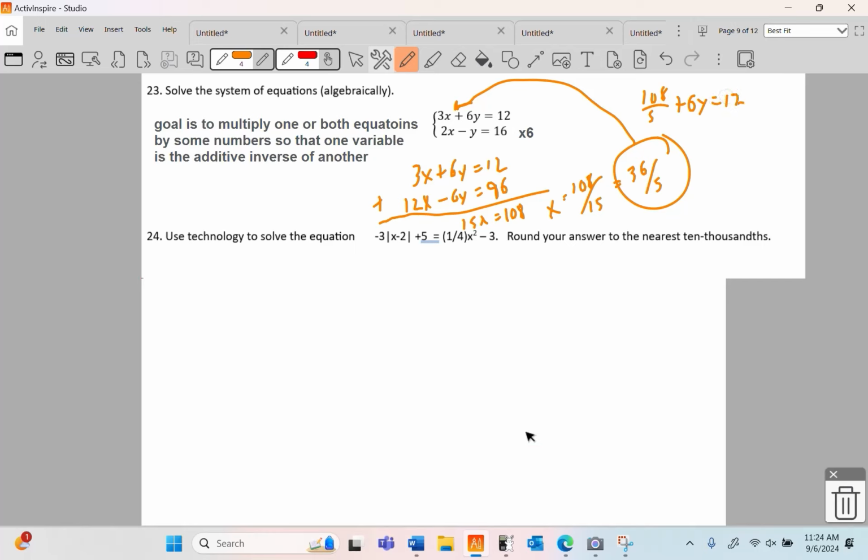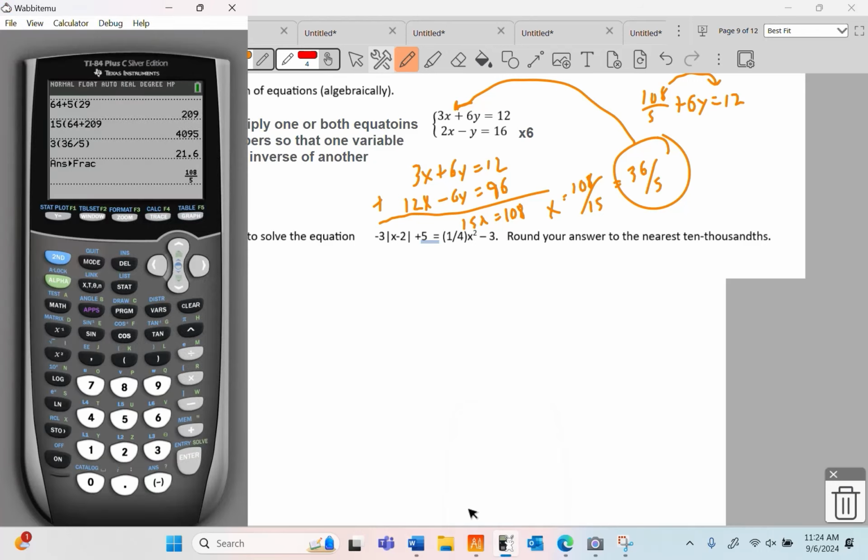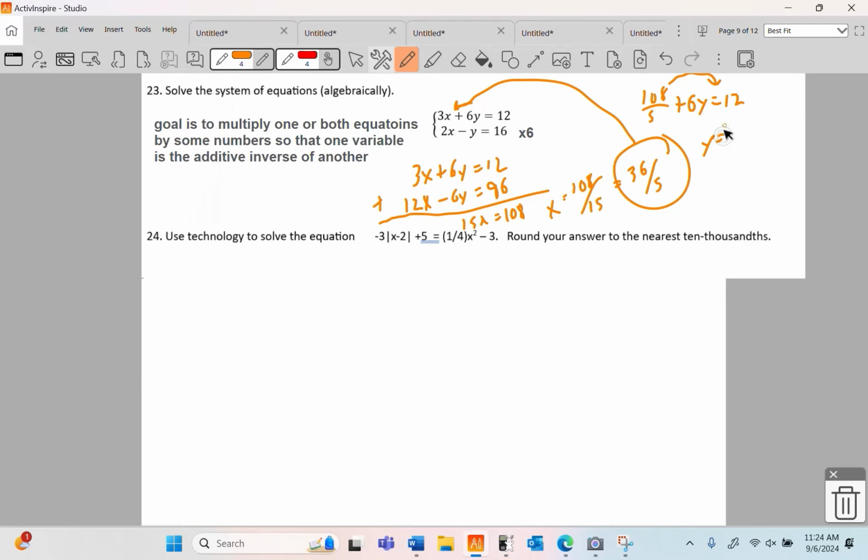We're going to take that away from 12. And then we're going to divide out that 6. I got -8/5. So my ordered pair here, because this is how this will be answered, is 36/5 and -8/5.